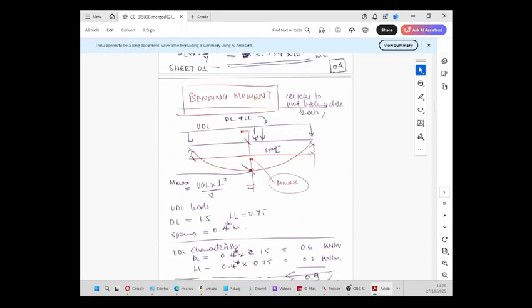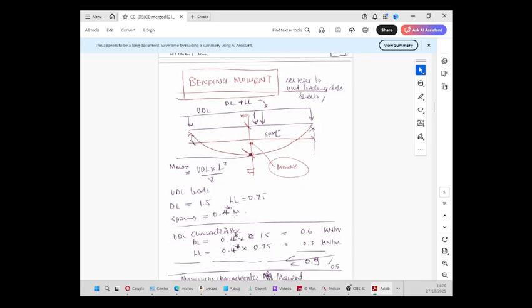So then I tried to do the bending moment. Refer to the unit load data sheets. The unit loads are dead load 1.5 kilonewtons per meter squared, and the live load is 0.75 kilonewtons per meter squared. The spacing of the rafters is 0.4 meters.